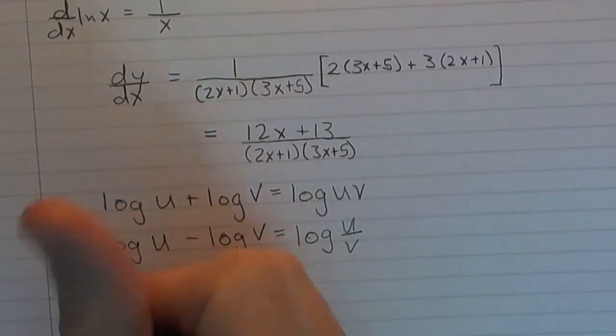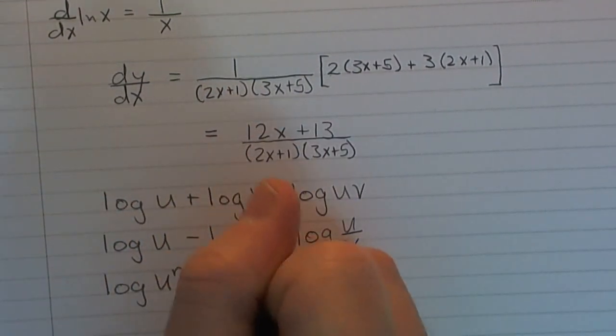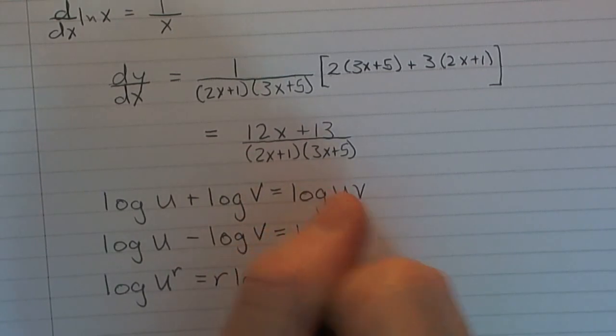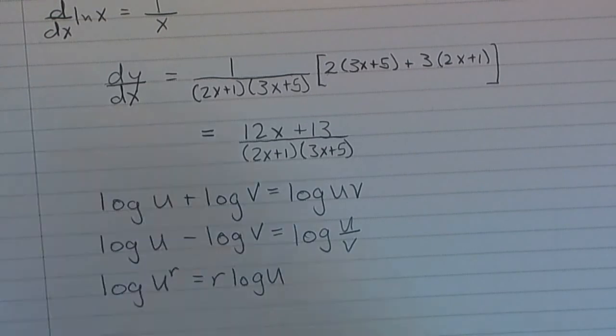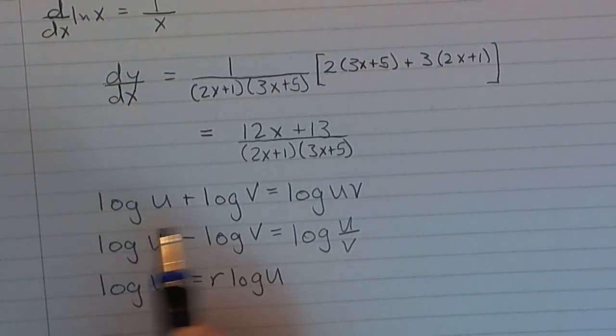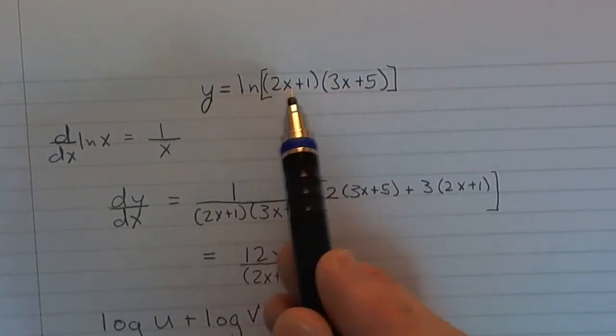So we have that one. And then another one is log u to the r equals r log u. So we work with those properties. Now, these properties can make things simpler for us sometimes.